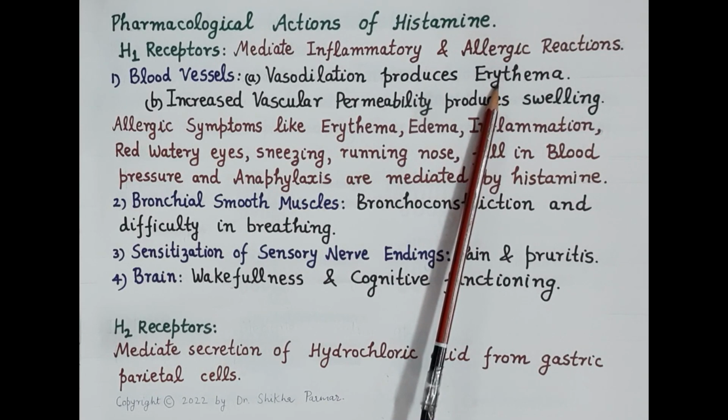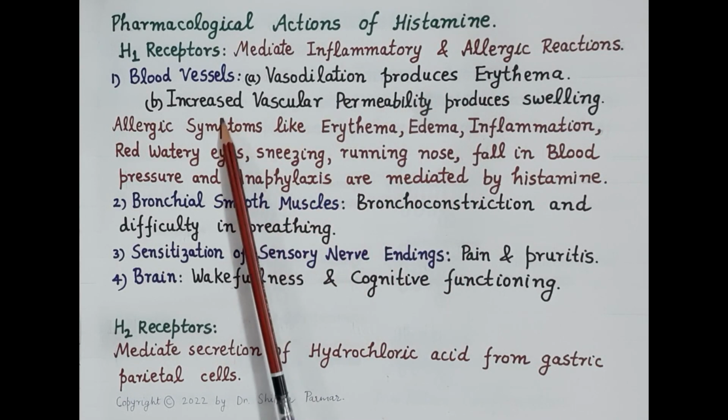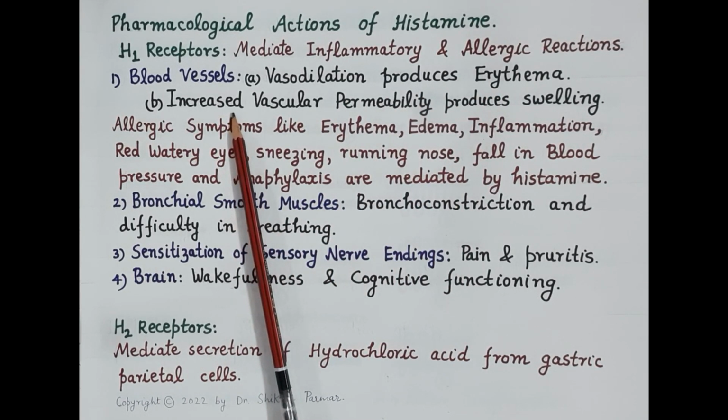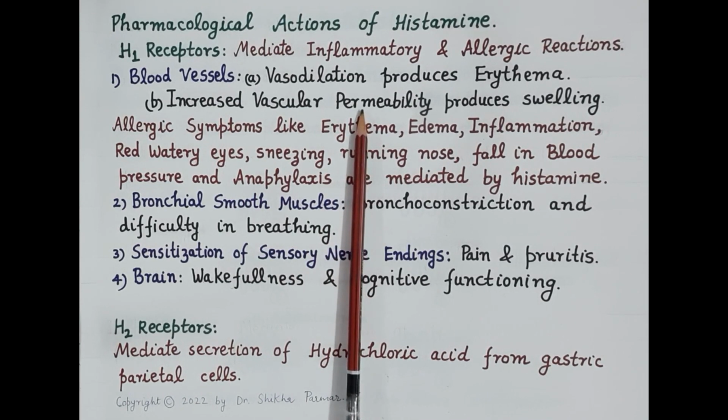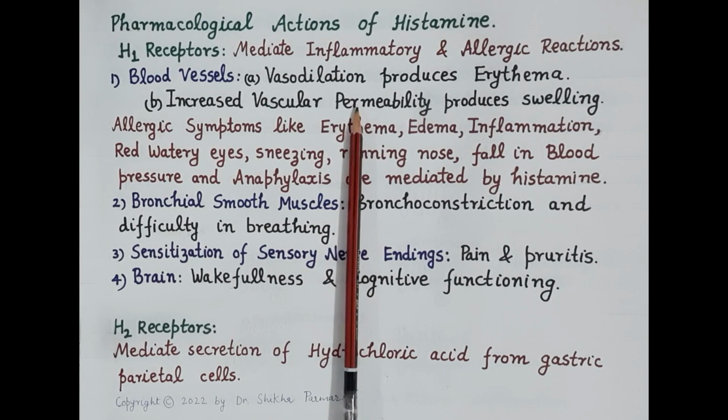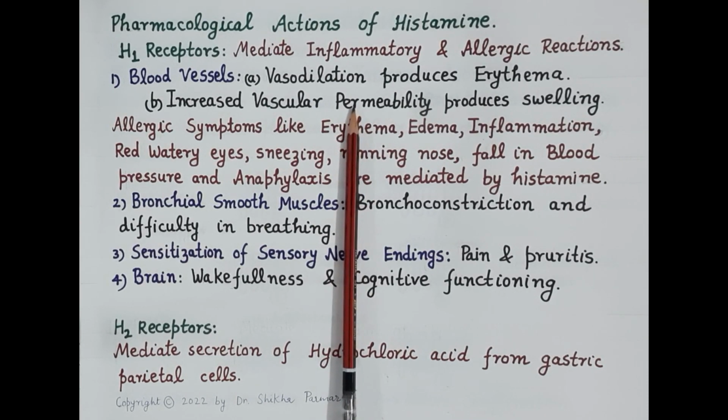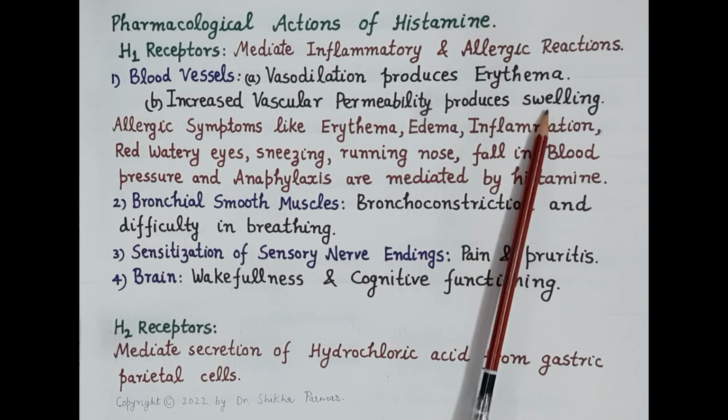Now, further, due to vasodilation, intercellular spaces between the endothelial cells increase, and this is termed as increase in the vascular permeability. Fluid from the blood vessels escapes or passes from the blood vessels into the injured tissue, and accumulation of fluid in the tissues produces swelling.